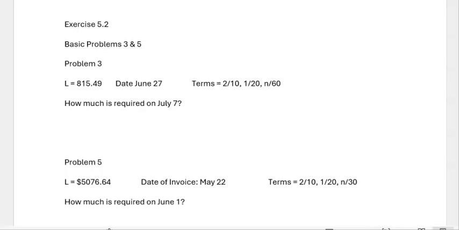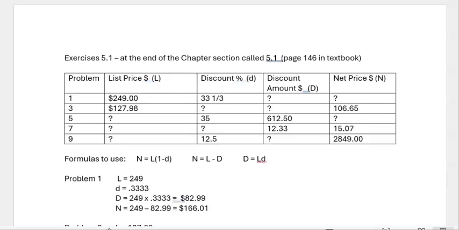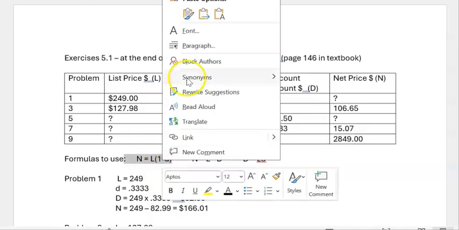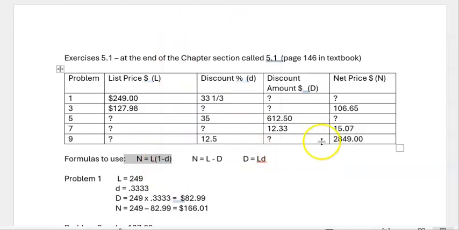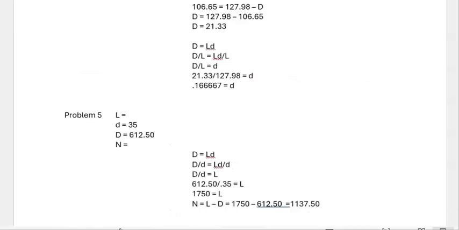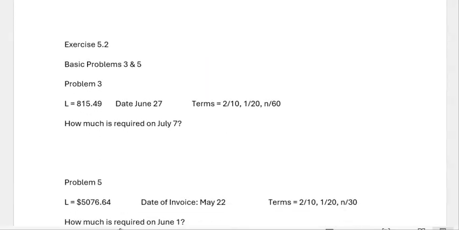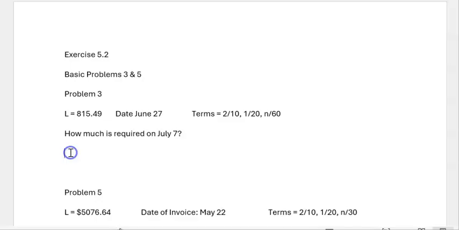We know the formula, and we can go right up to where we were looking before for our previous questions. We've got our net price equals our list price, multiplied by 1 minus the discount amount. So let's copy that down below so that we have it.